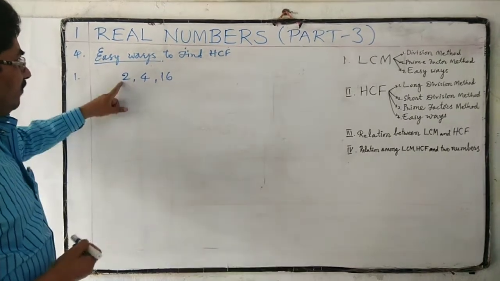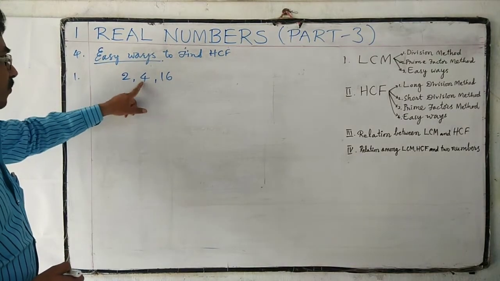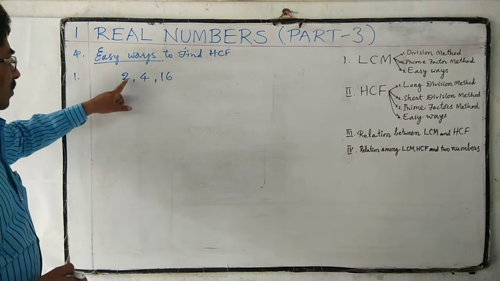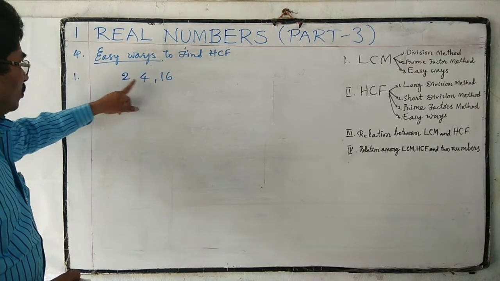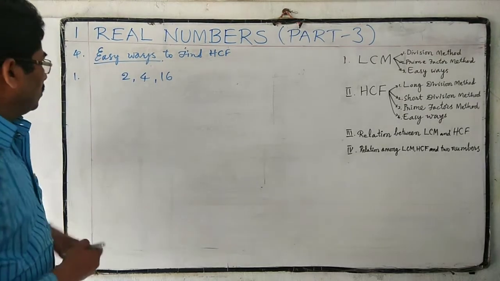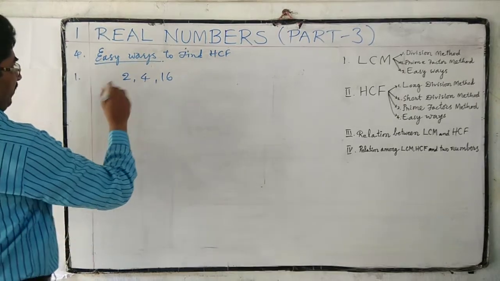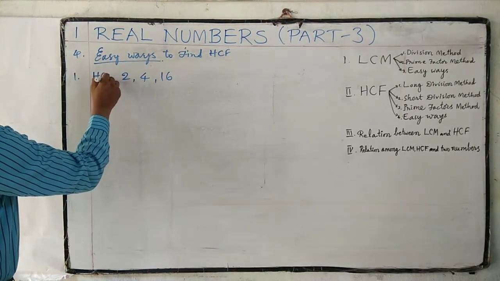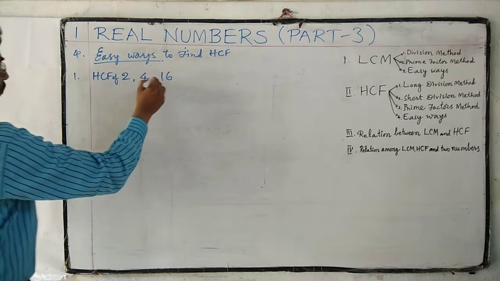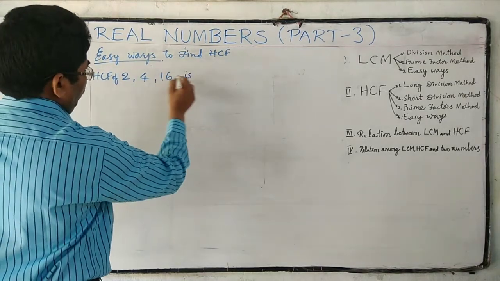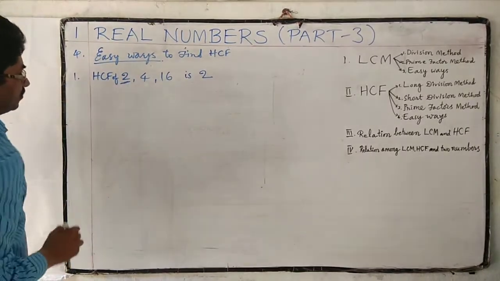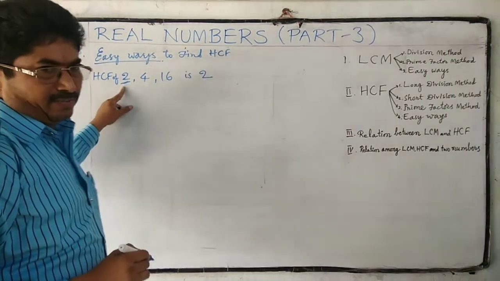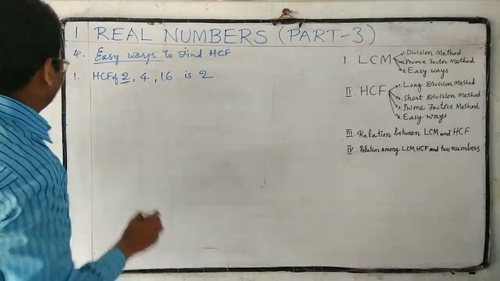In this, 2 is a factor of 4, and 2 is a factor of 16. So the HCF of 2, 4, 16 is 2. This is the smallest. That small factor number is the HCF.